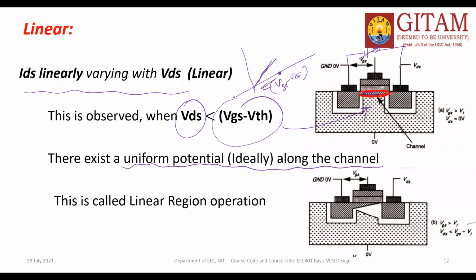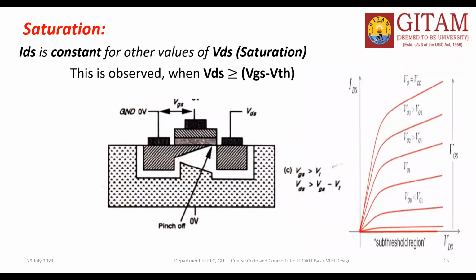Whereas in the saturation region, this is what is happening. Coming back to this particular one, we can see it more clearly. Up to this point the channel is present. Near the drain side there is no channel at all.